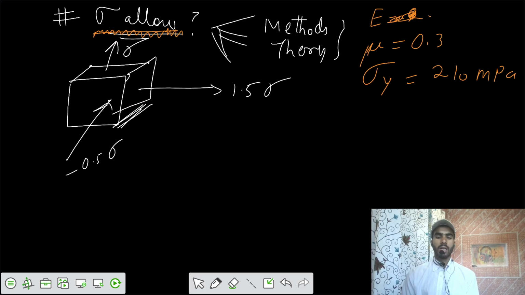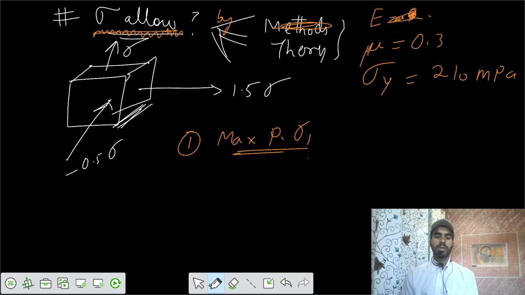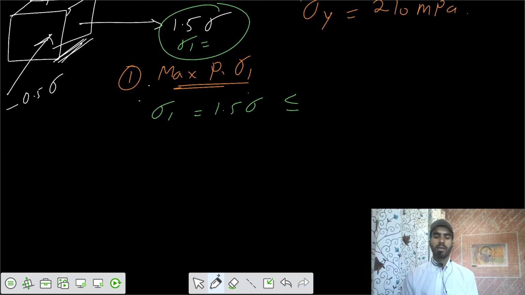You need to get tau allowable using different theories. So let's say the first method is maximum principal stress theory, that says sigma max, sigma 1. Here which one should be sigma 1? Sigma 1 equals 1.5 sigma. That should be less than or equal to sigma y.